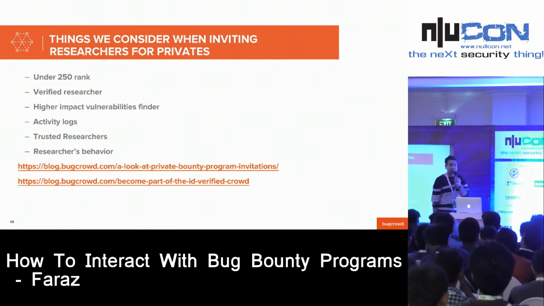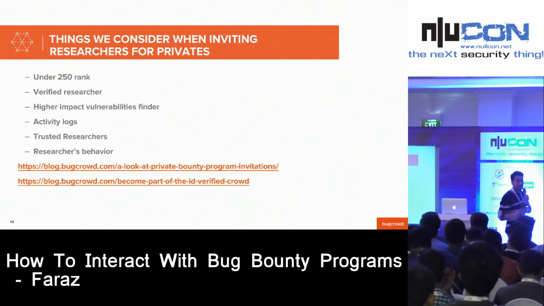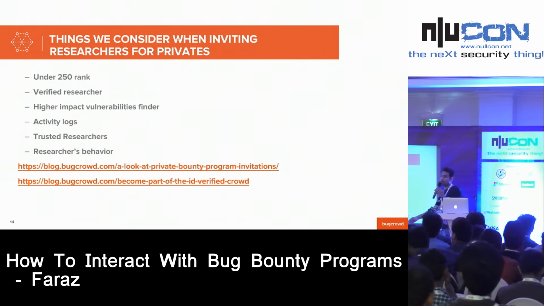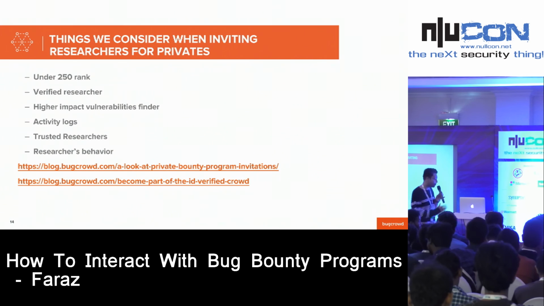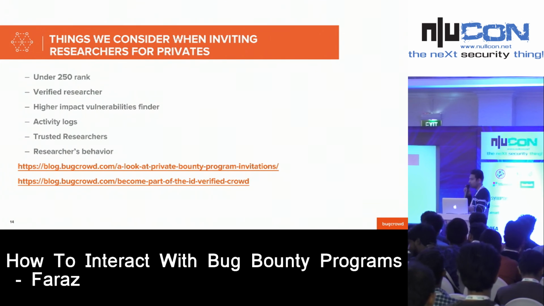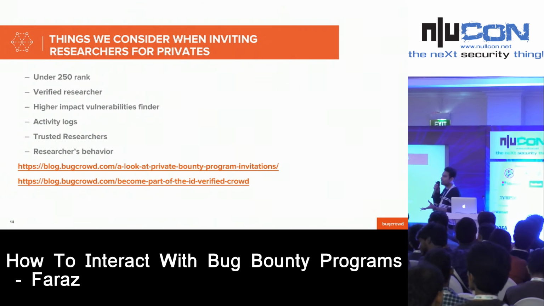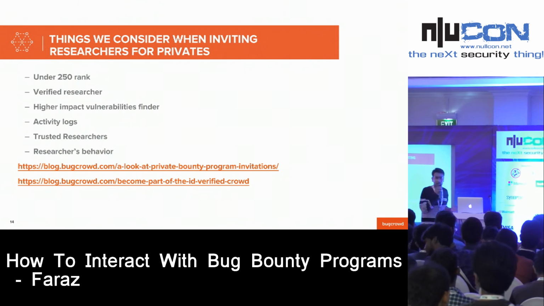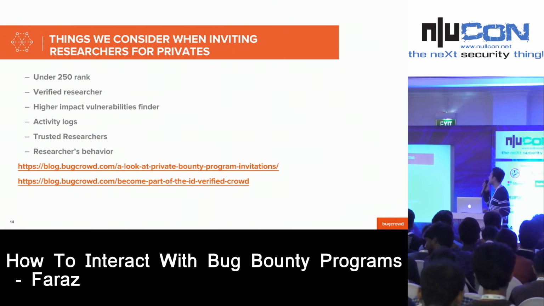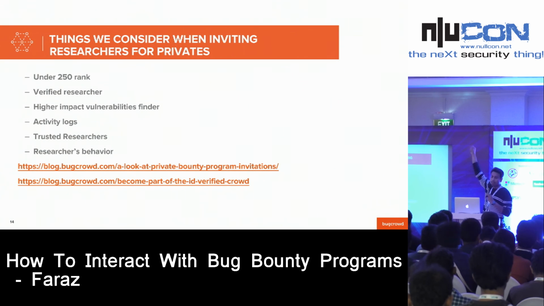If you are not submitting anything in 15 days or 30 days, you are not an active researcher with Bugcrowd or any other platform. Just be active. If you are active, they know that if they give you a private, you will give them some output out of it, right? If you are giving output, there are obviously higher chances that you may get an invite.